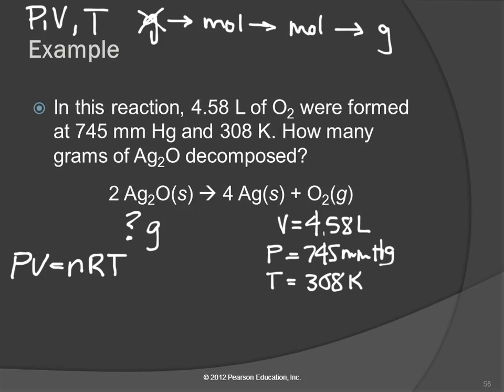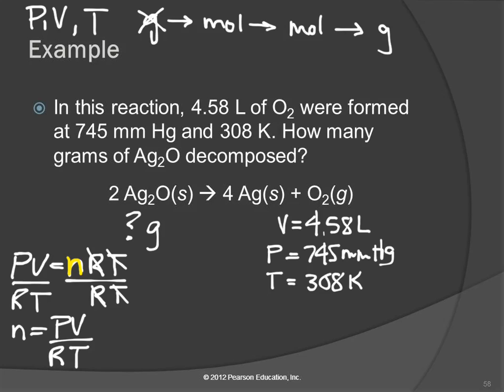What are we trying to find? n. We need the number of moles. So we're going to rearrange this equation. We want to get rid of R and T from that side. And if we divide by RT on one side, we have to divide by RT on the other side. And so we have n equals PV over RT.